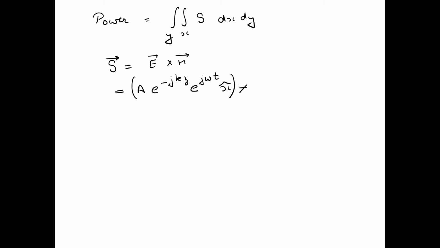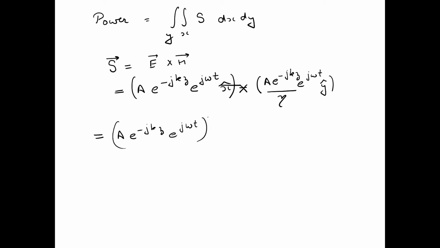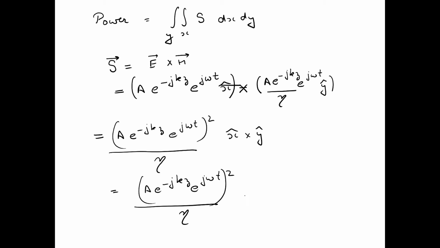This is cross product with your H value, which is A e^(-jkz), and that term e^(jωt) doesn't change, divided by eta, in the y direction. So this would be A e^(-jkz) e^(jωt) squared, divided by eta, x cross y, and this we have said is now A e^(-jkz) e^(jωt) squared over eta in the z direction. This is the propagation direction.